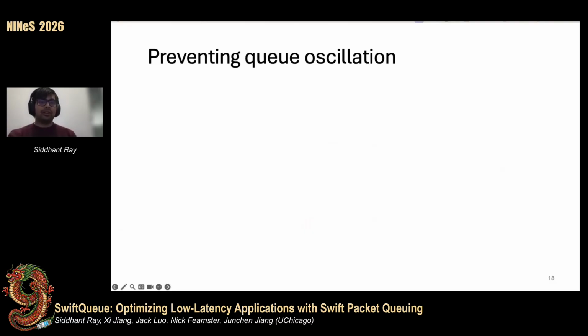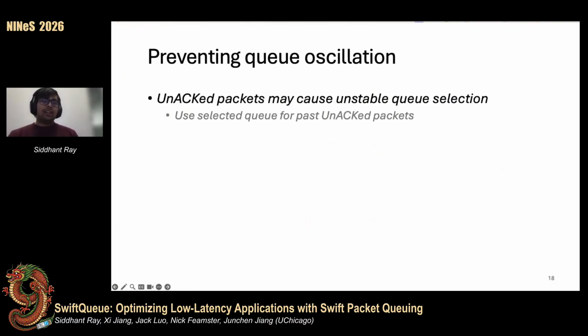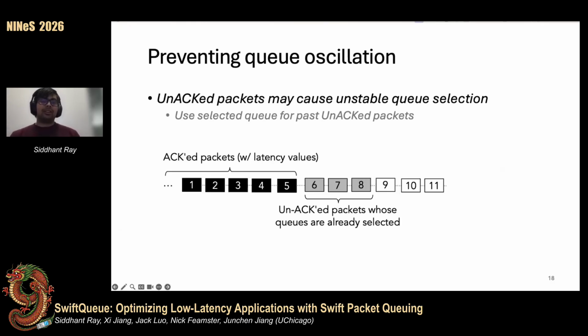One is preventing queue oscillation. So unacknowledged packets may actually cause unstable queue selections if they're not part of the queue selection decision, because sometimes we do not receive the acknowledgement for a packet in time, but we need to make the prediction for the next packet to be sent out. So for selecting the queue, we also use the information for past unacknowledged packets, but whichever queue they were decided to be put in by the predictor.